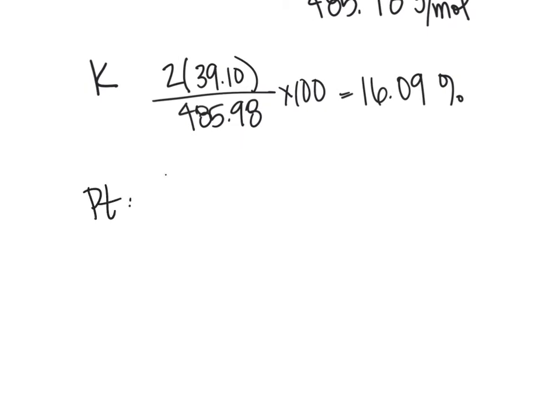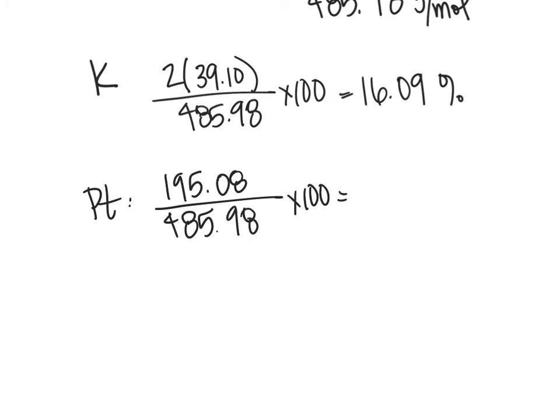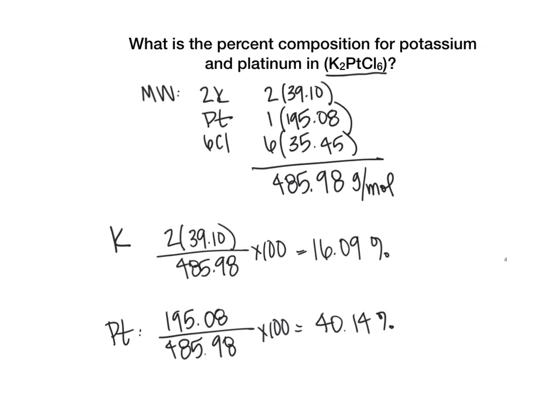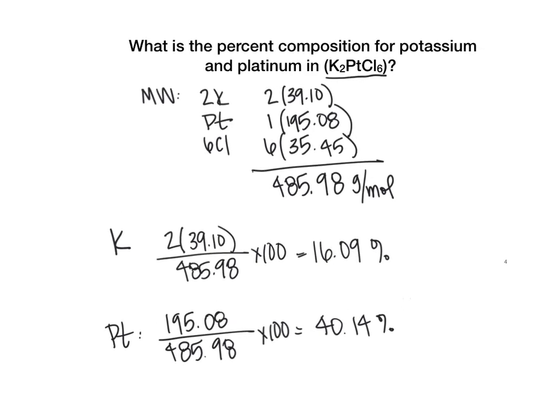So platinum would be 195.08 divided by 485.98 times 100, and that equals 40.14%. To calculate the mass percent or the percent composition, we need to determine the total molecular weight, which is just adding up all of the components, and then we divide the mass that accounts for that element by the total mass.